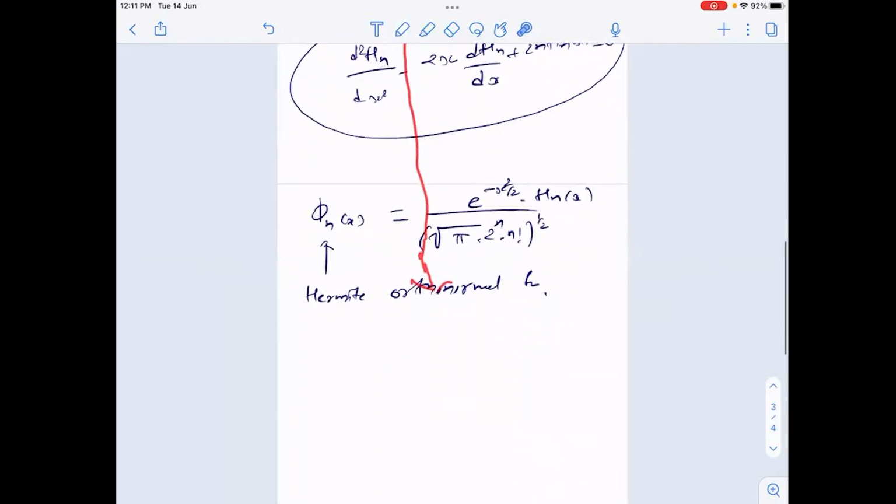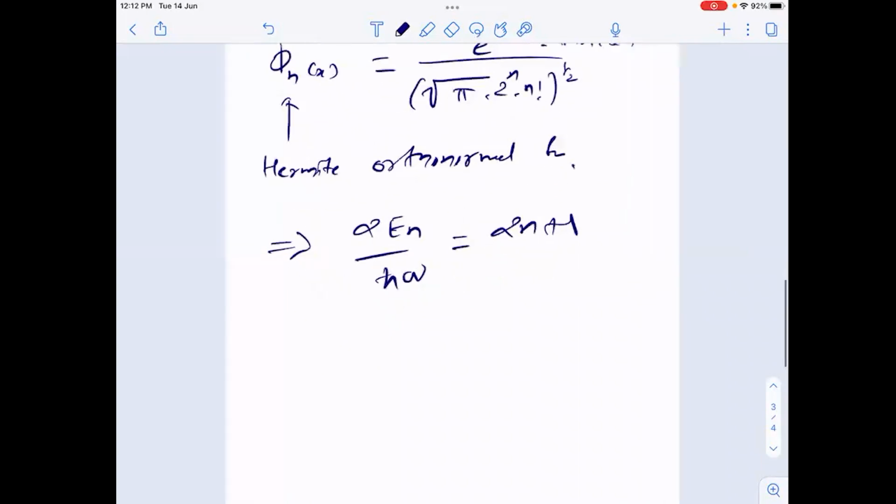If there are certain discrete energy levels, such that it has to satisfy that 2E upon h-cut omega is equal to 2n plus 1. I'm really sorry for skipping so many steps, but we have very little time.